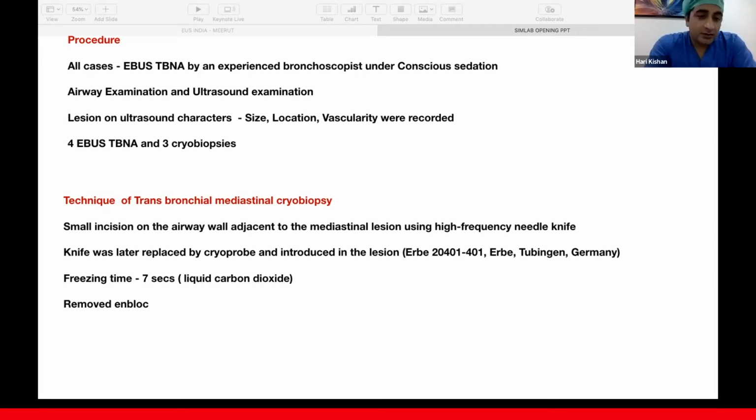They described their technique like this: a small incision was made on the airway wall adjacent to the mediastinal lesion using a hybrid knife. Then the knife was replaced by the disposable 1.1 mm cryoprobe, which was introduced into the lesion. They mentioned their freezing time to be 7 seconds. And once the freezing is done, they remove the scope en bloc, like how we do the transbronchial cryobiopsies.